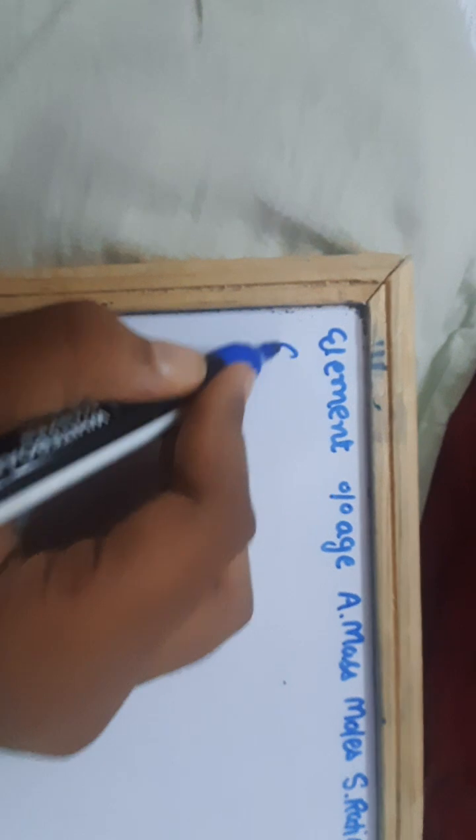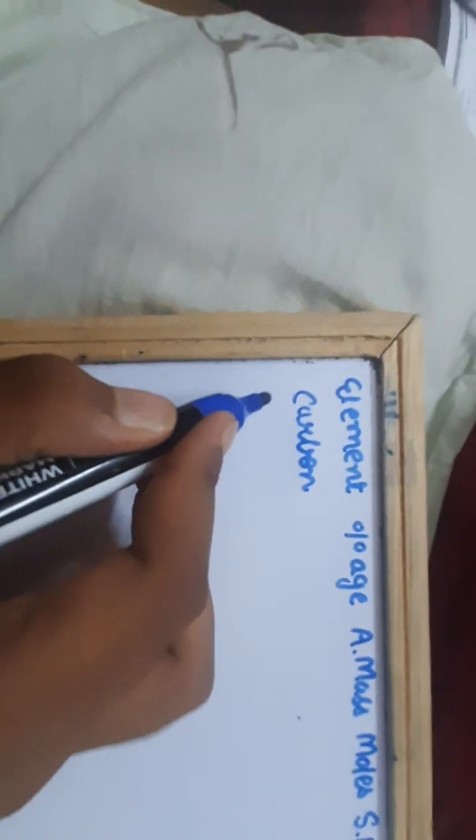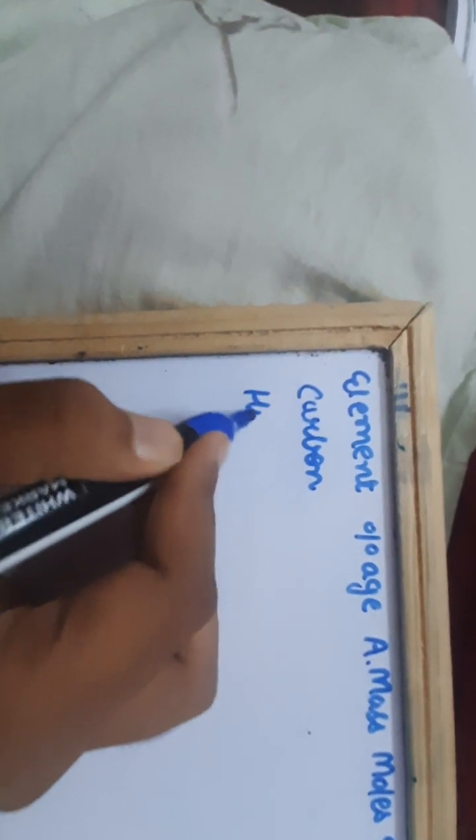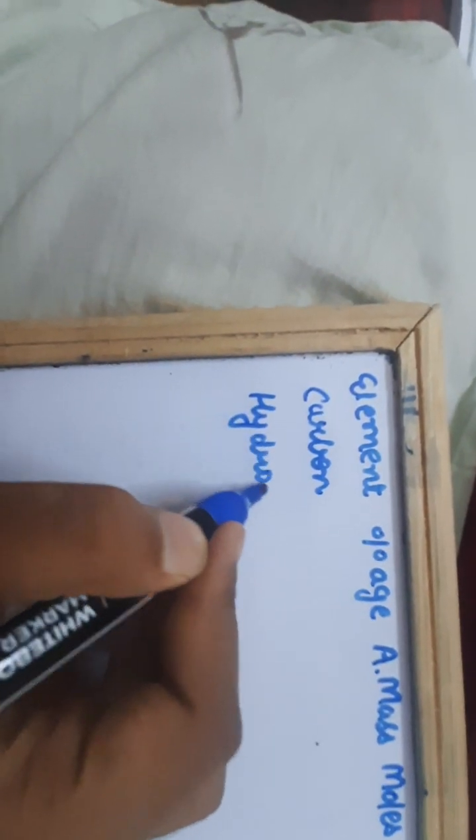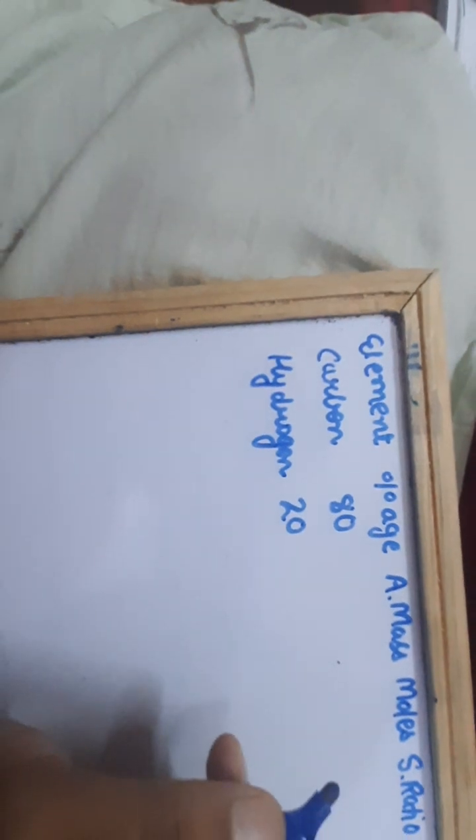Okay, now let's find out the empirical formula of this question. Elements given are carbon, second is hydrogen. Carbon is given 80%, hydrogen is given 20%. Atomic mass of carbon is 12 and hydrogen is 1.